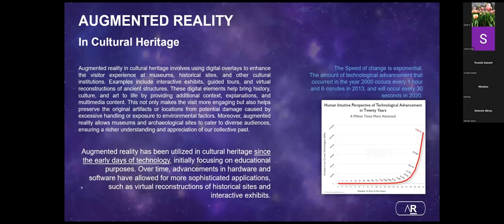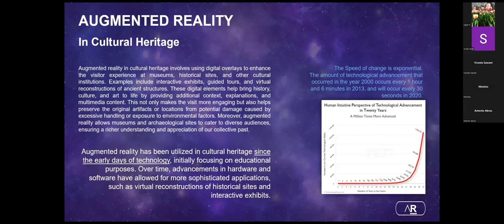So the topic for today is augmented reality in cultural heritage. And as Paulo is mentioning here, it involves using digital overlays to enhance the visitor experience at museums, historical sites, and other cultural institutions. Examples for this can include interactive exhibits, guided tours, and virtual reconstructions of ancient structures.